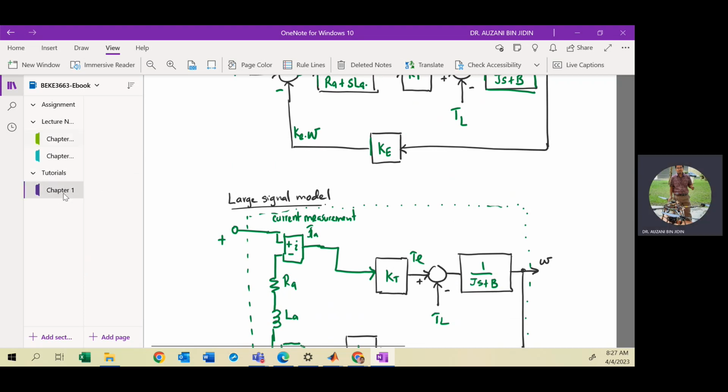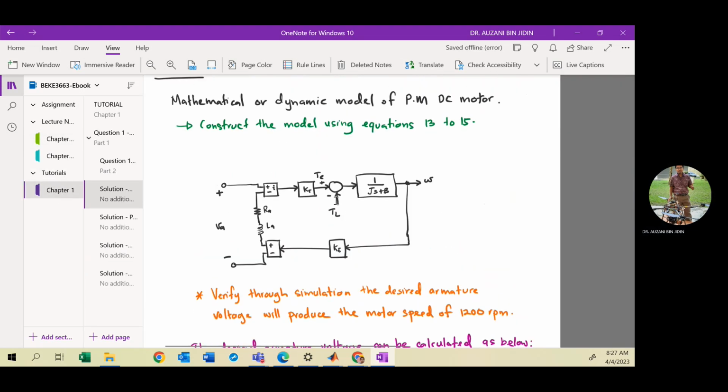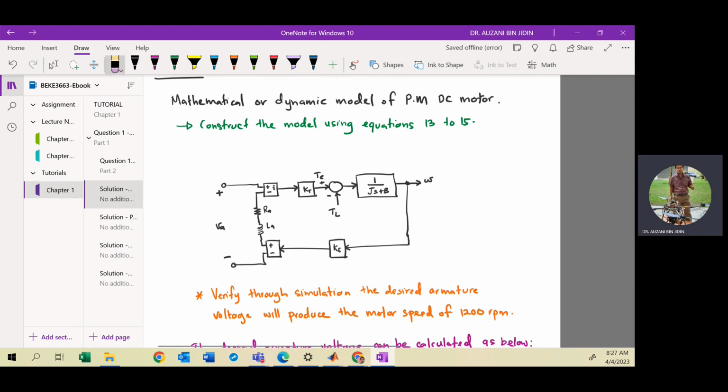Then for the tutorial, from the model here, you need to put an extra block. Maybe I need to use a different color so that you can differentiate. This speed, you need to multiply by 60 divided by 2 pi, because the speed used to construct the model is in SI unit, so you need to convert it to RPM.